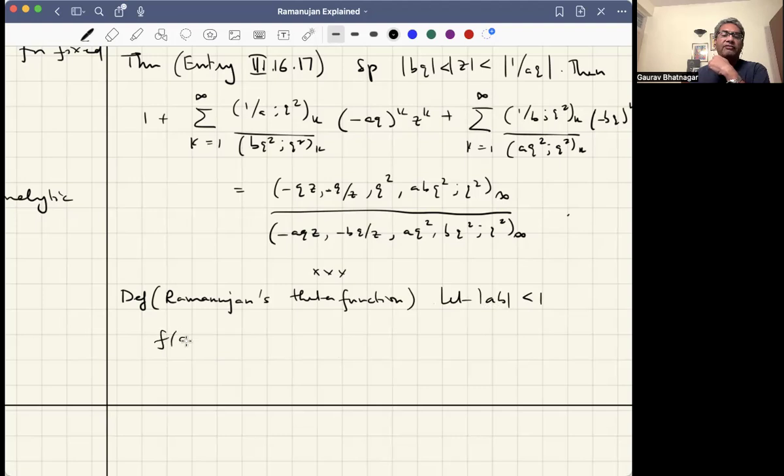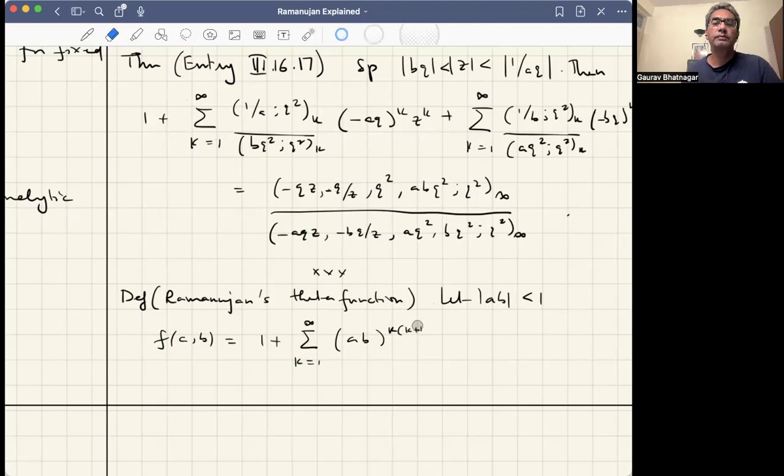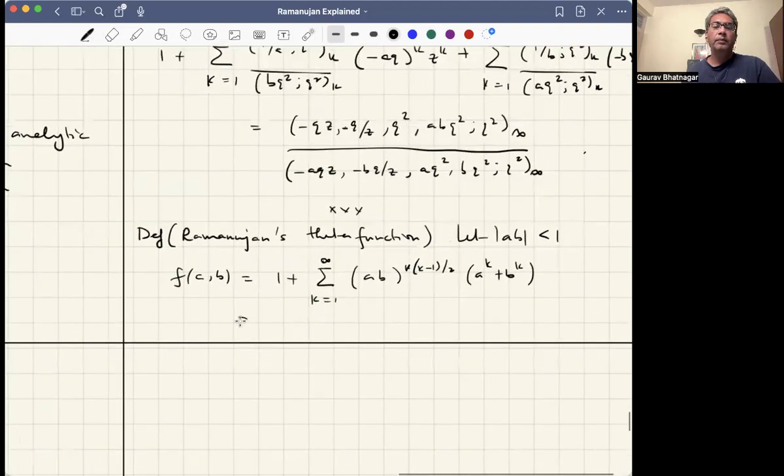Then we define F of A, B as 1 plus the sum over k going from 1 to infinity of AB raised to k plus 1 over 2, A raised to k plus B raised to k, which could be written as a bilateral sum as follows: A raised to k plus 1 over 2, B raised to k minus 1 over 2.